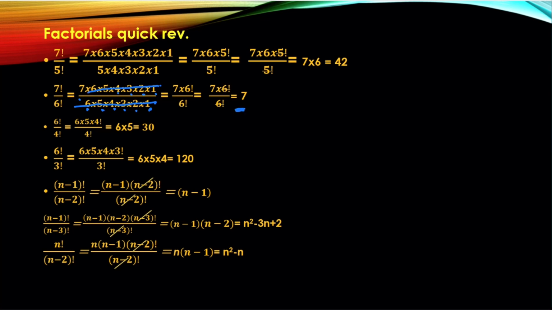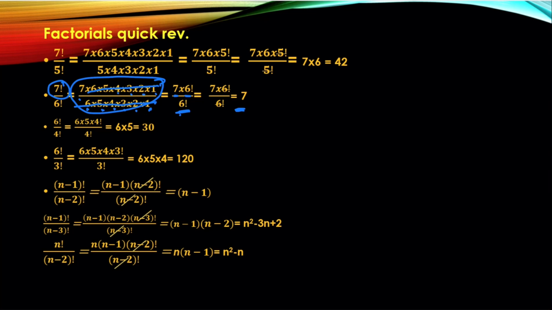But instead of going into this detail every time, we just expand 7 factorial one step, because at the denominator it is 6 factorial, so we need to have the same factorial in the numerator. Okay?